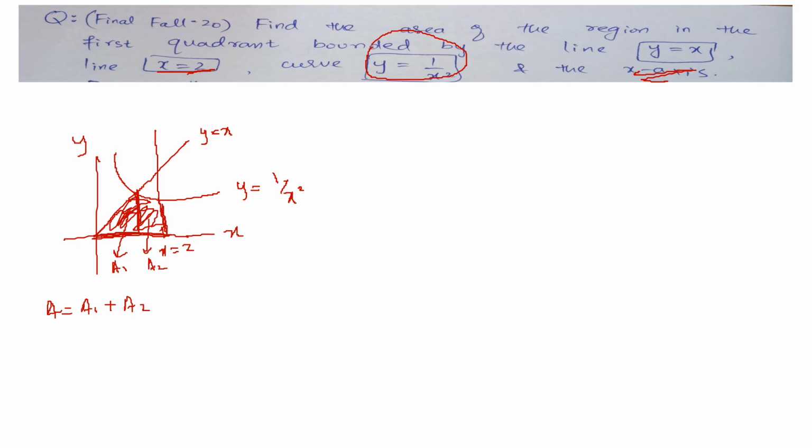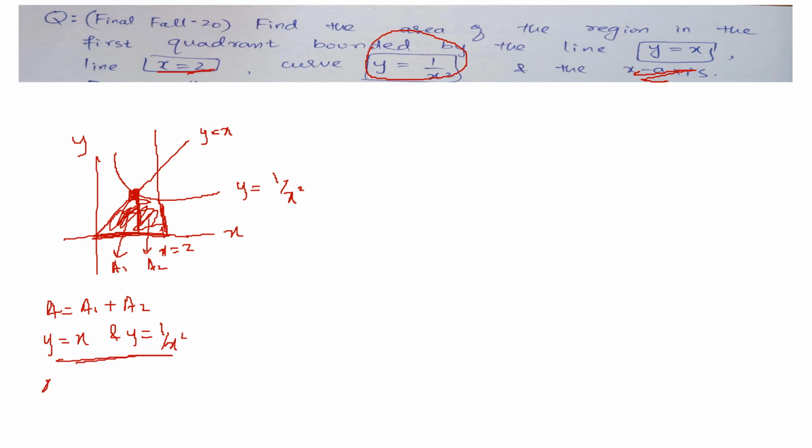In this part, we need to find this point where both these curves, y equals x and y equals 1 over x squared, intersect each other. From this point onwards the curve is changing. So let's find the point of intersection. For the point of intersection we have y equals x and y equals 1 over x squared. At the point of intersection both these curves have the same value.